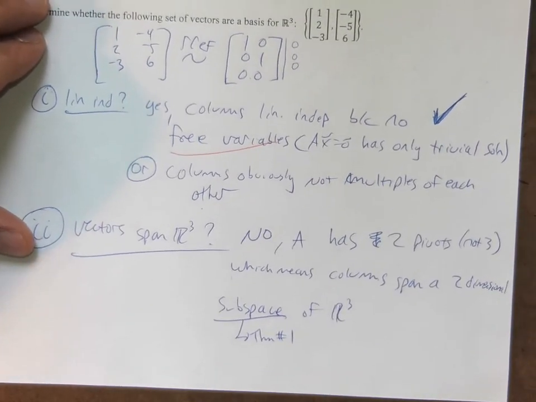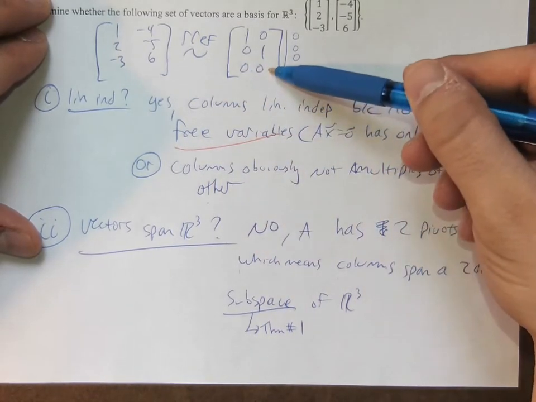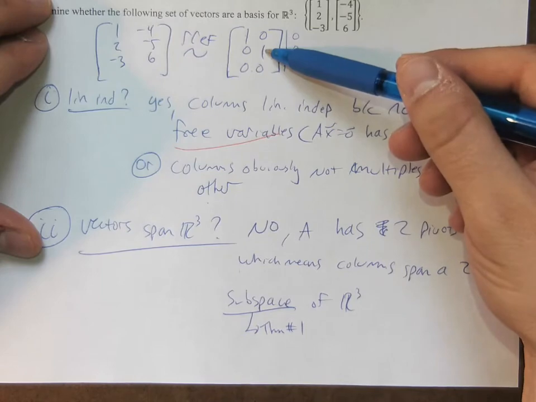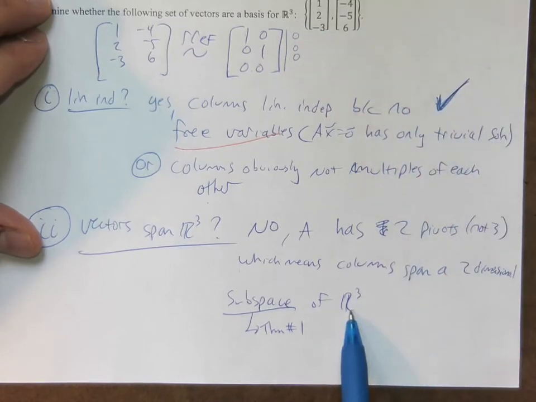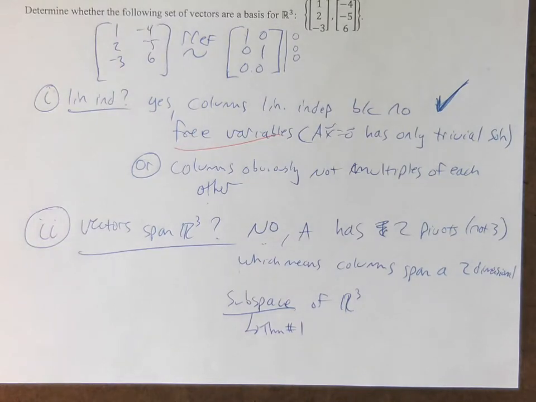It's that we don't have a pivot in every row. Our reduced form here only has a pivot in the first and second row. We're missing a pivot in the third row. So A only has 2 pivots, and not 3, which means we don't span the space.